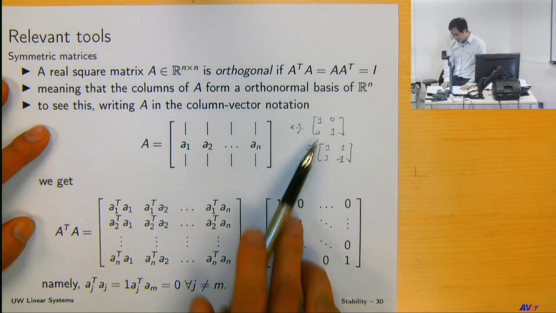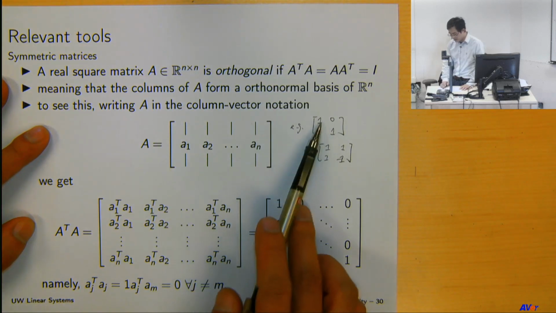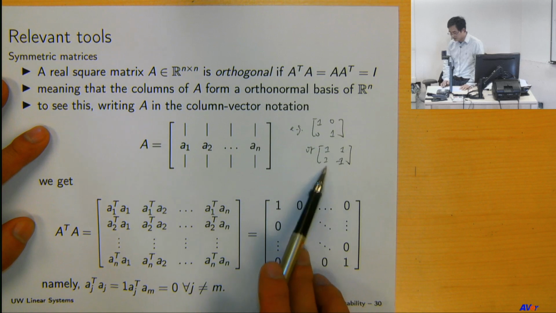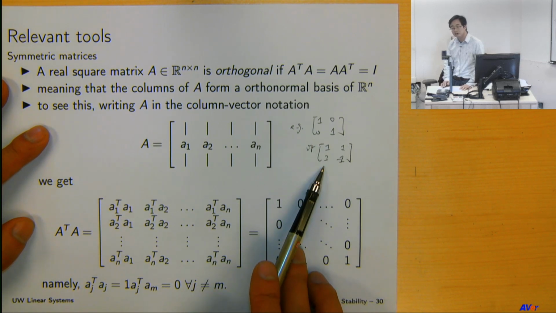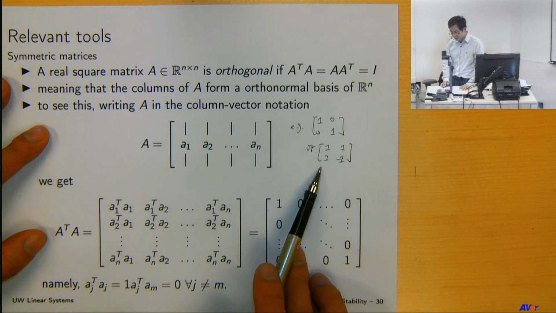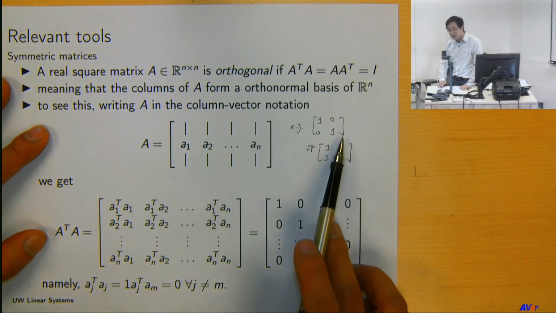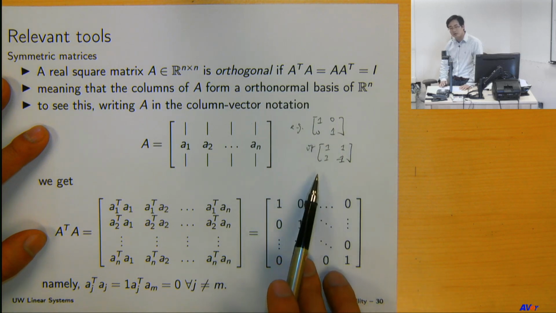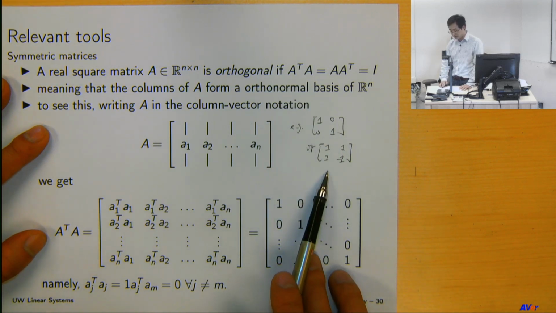These columns are linearly independent. This one is obvious, the first column is independent from the second column, and this one is also linearly independent, since the second column can't be expressed in terms of the first column. These two columns are also orthogonal, perpendicular to each other.